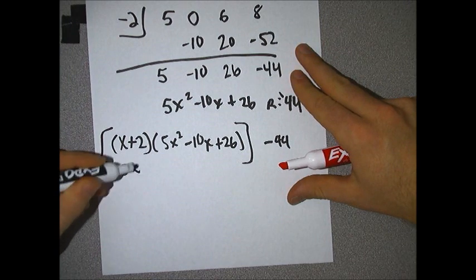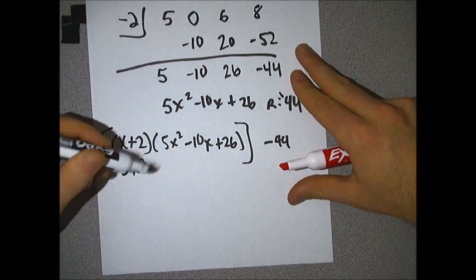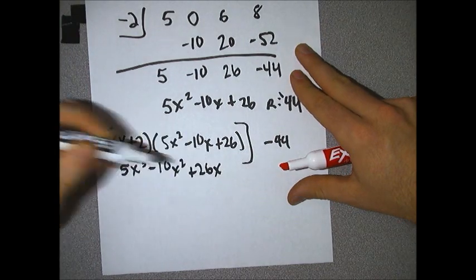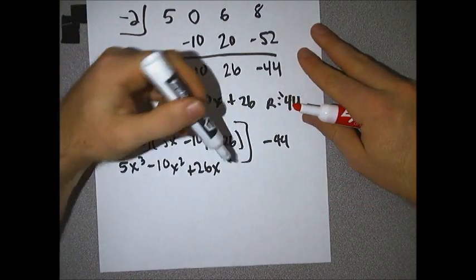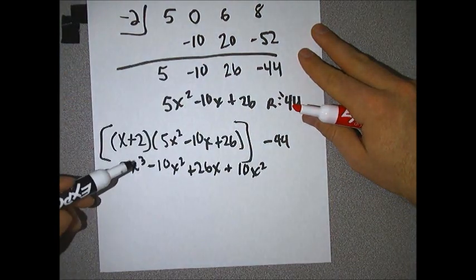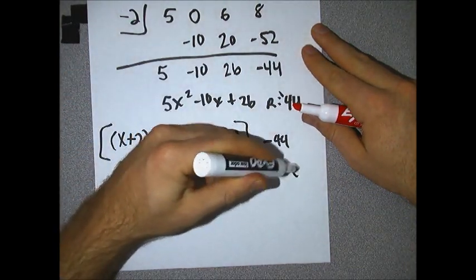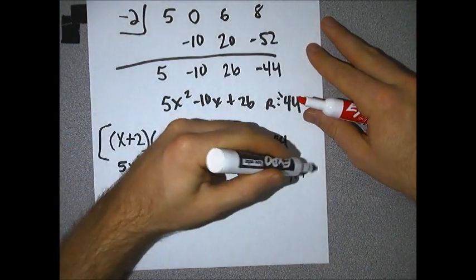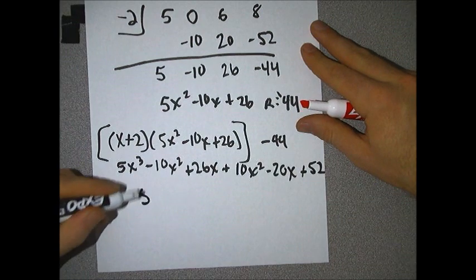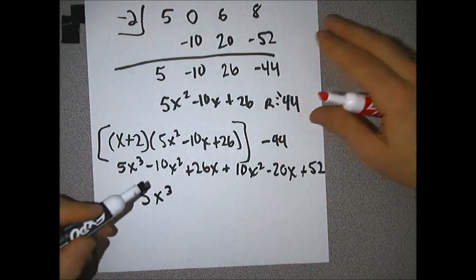So 5x to the third minus 10x squared plus 26x. Run the 2 through everything, plus 10x squared minus 20x plus 52. Combine like terms, 5x to the third.